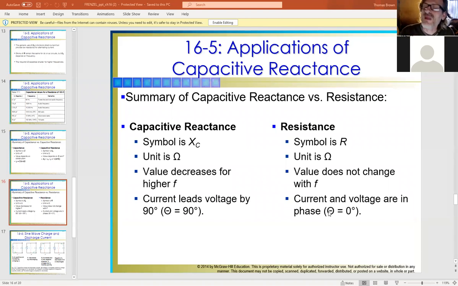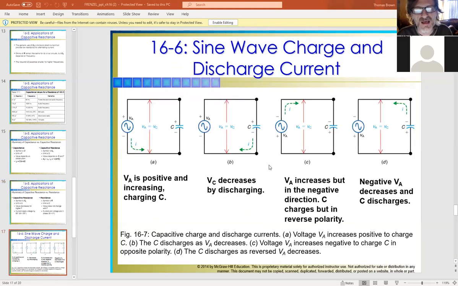And so what happens with capacitance? It's a blocker. It likes to hold things up. In this case, we're going to make a unique thing happen, where we have sine wave charge and discharge, and see what exactly happens when we do this.